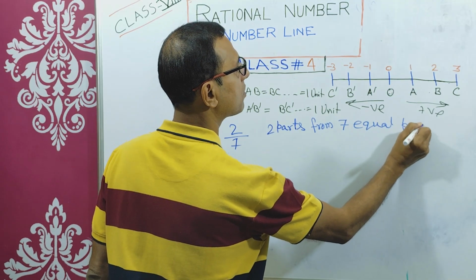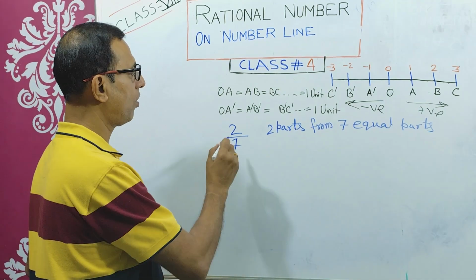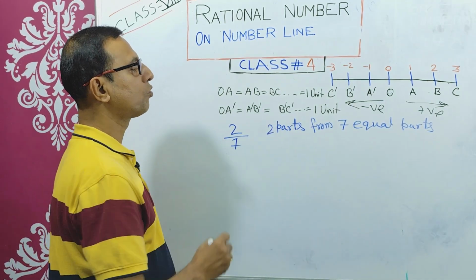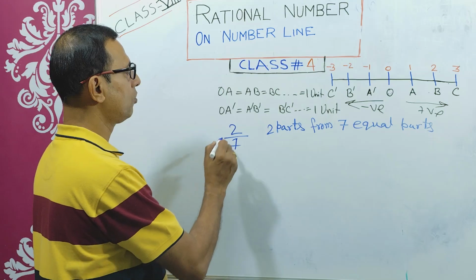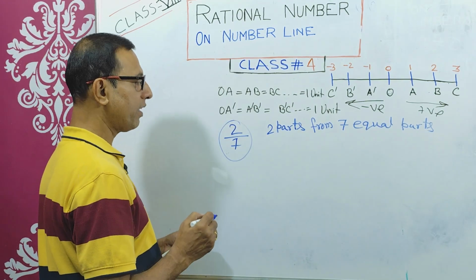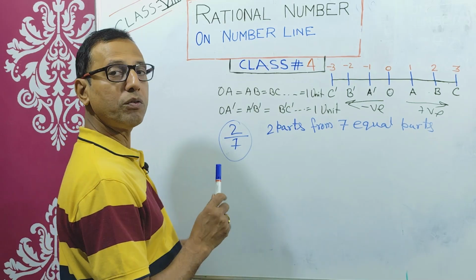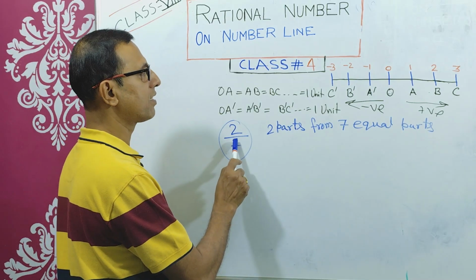Just remember this. According to fractions, which you have already learned, 2 by 7 means 2 parts from 7 equal parts. 2 by 7 is less than 1. So when any number is given which is less than 1, you need to find out the region.